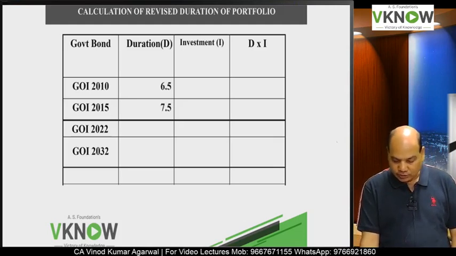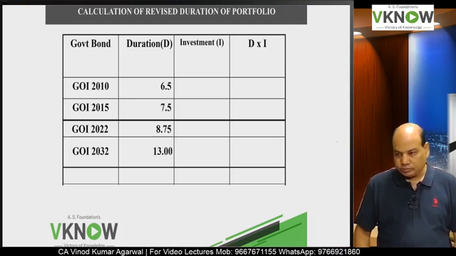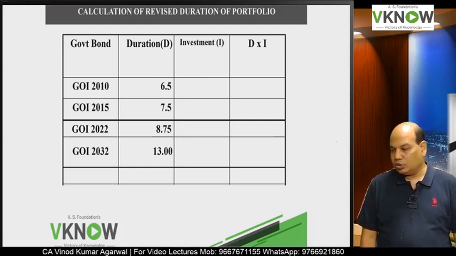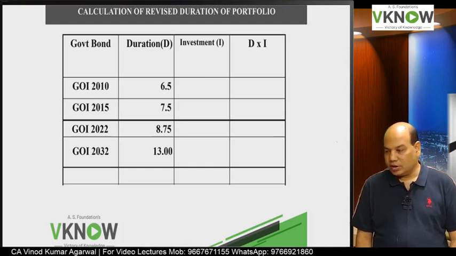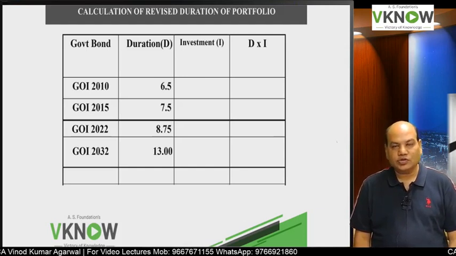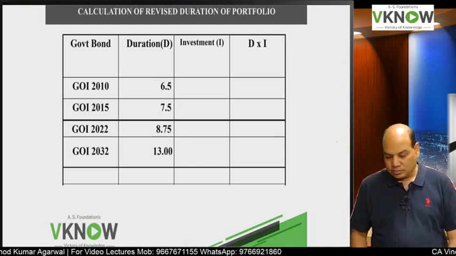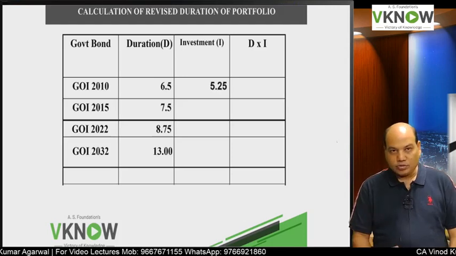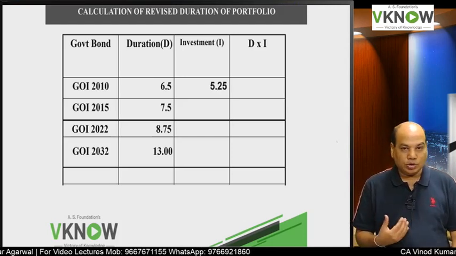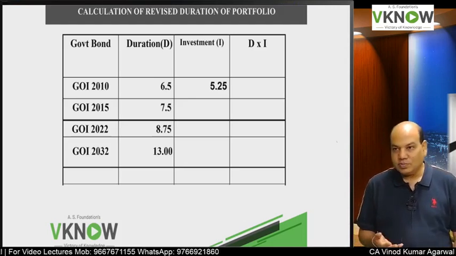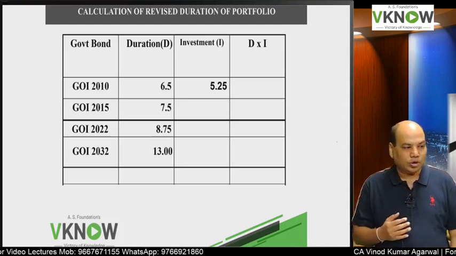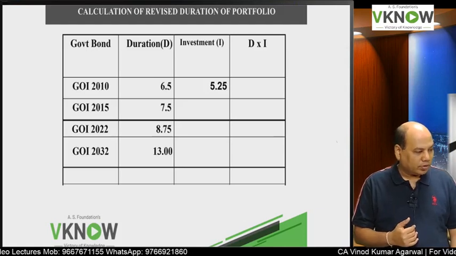Duration is already given in the question. We take the same duration because we are taking the decision before the change in the YTM. That is how the fund manager has to anticipate. You also, when you invest in the share market, anticipate what will happen to the price. Accordingly, you buy or sell first, right?